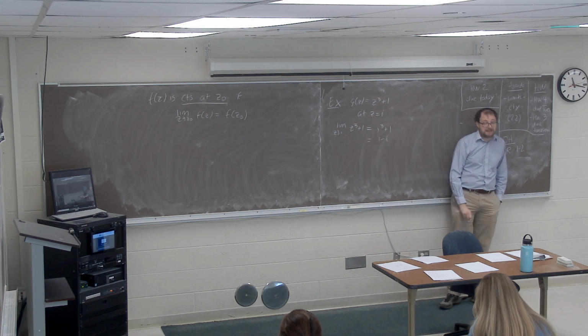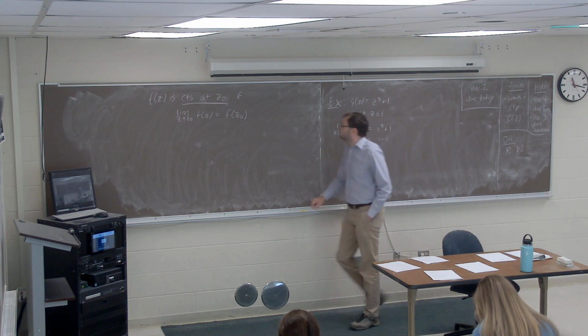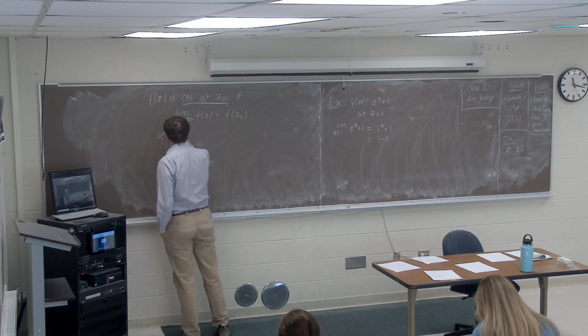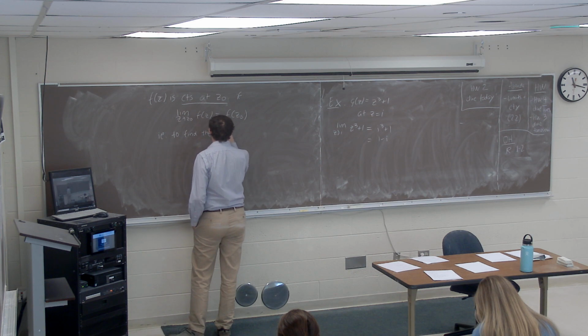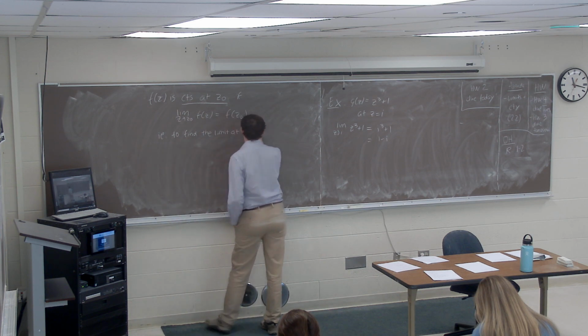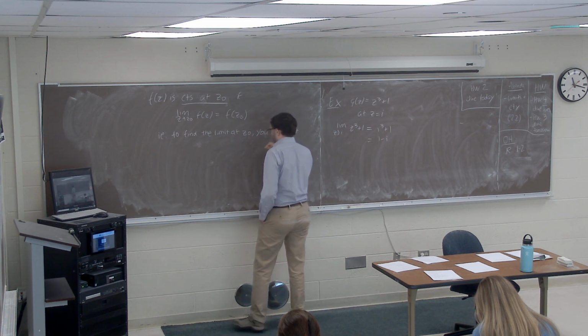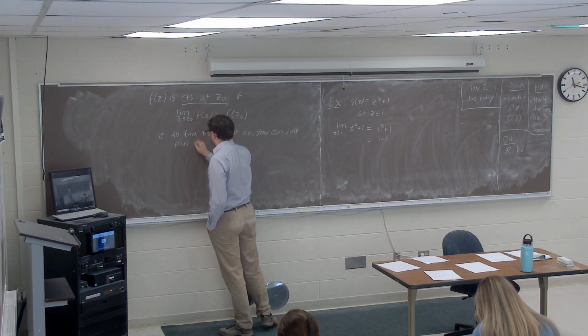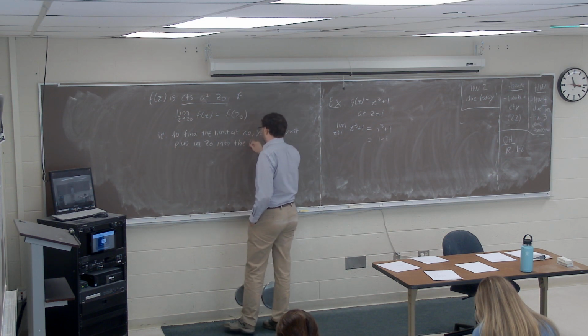So the whole idea behind a continuous function is whenever you're evaluating limits of that function at a point, you can just plug that point into the function to say what the limit's going to be equal to. Find the limit at z naught. You can just plug in z naught into the function directly.